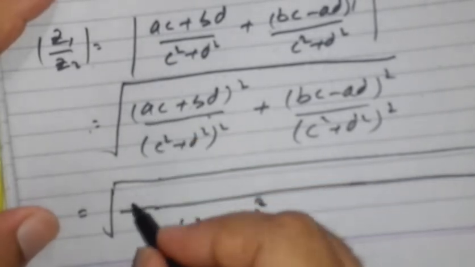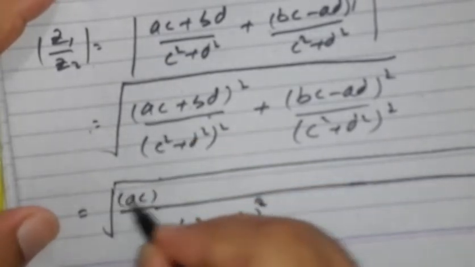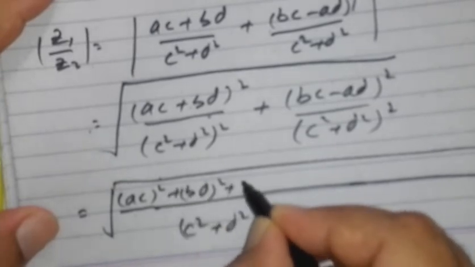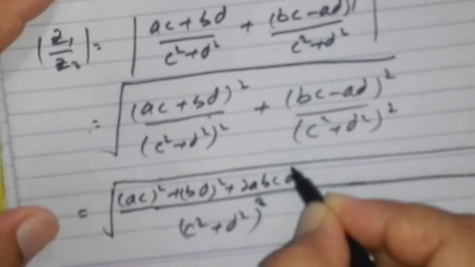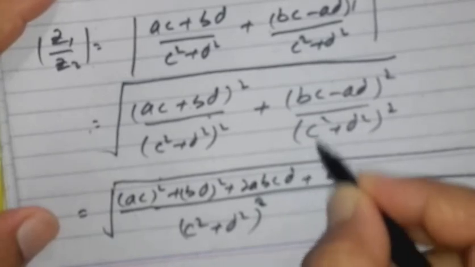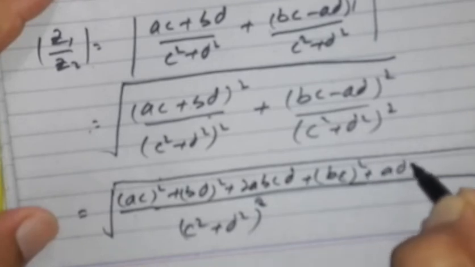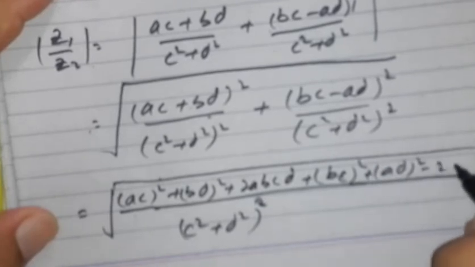So we can write it as (ac) square plus (bd) square plus 2abcd, and this is (bc) square plus (ad) square minus 2abcd.